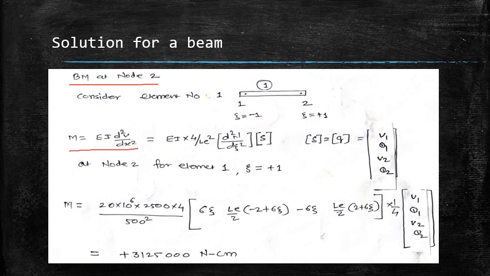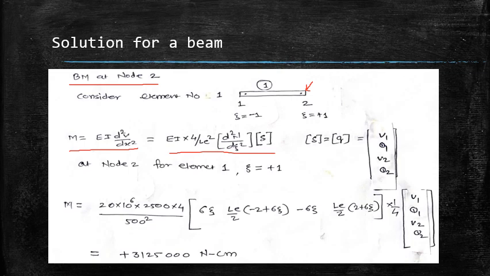This bending moment M is equal to EI into d2v by dx square. So again simplifying, I can write this bending moment is equal to this expression which involves d2N by d zeta square, and into delta. Delta is nothing but q: v1, theta 1, v2, theta 2. But now I will consider this node number 2 is shared by both the elements.